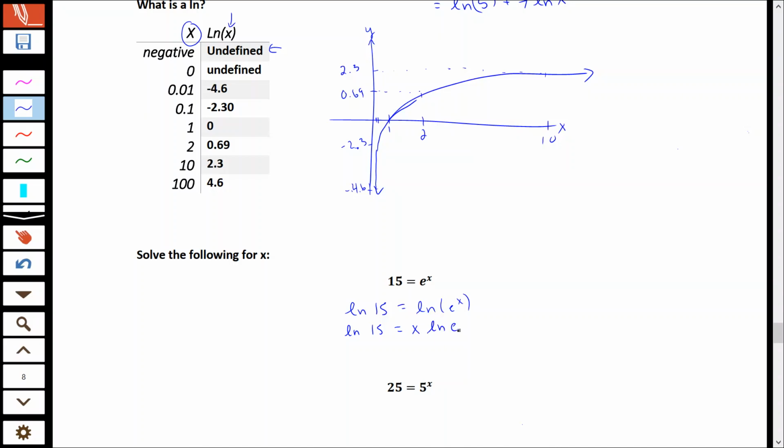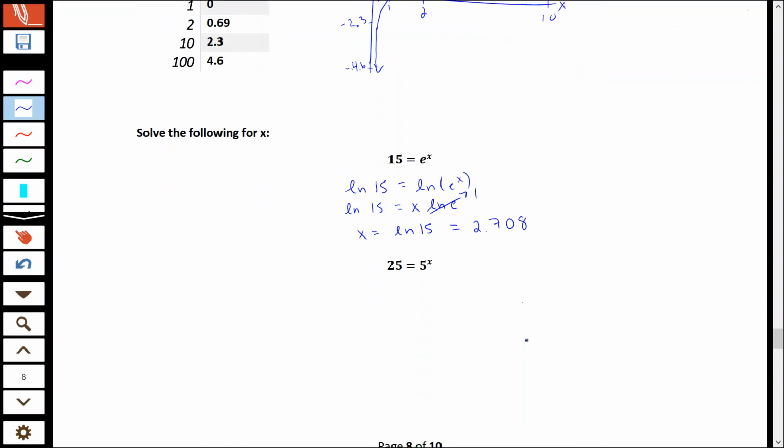And we know from above that ln e is just 1. So x is equal to ln of 15. And that is just a number. You can put ln 15 into your calculator and you're going to get back a value of 2.708. It continues on from there, but we'll just leave it at 3 decimal places.